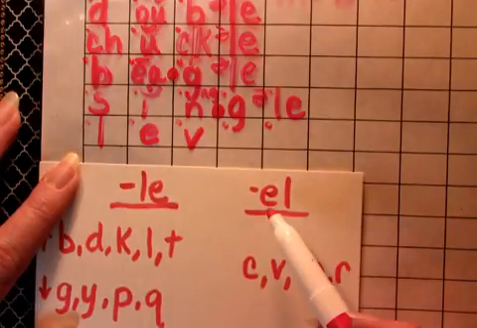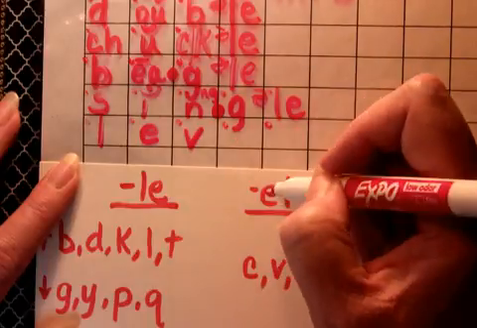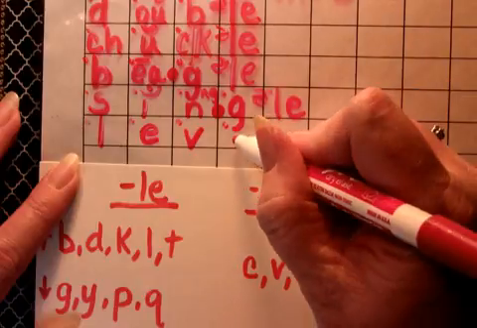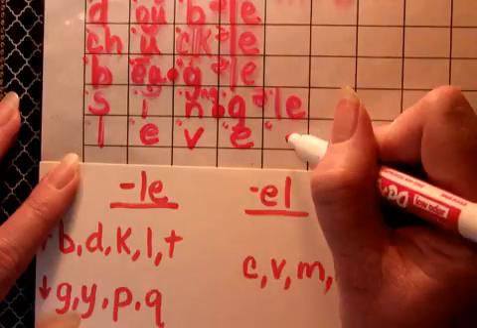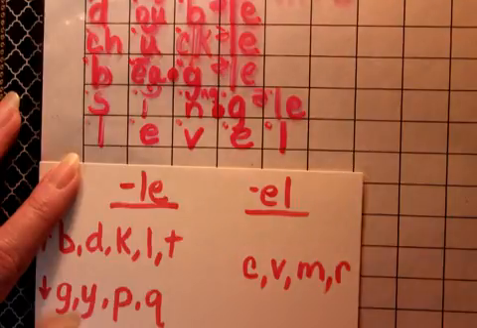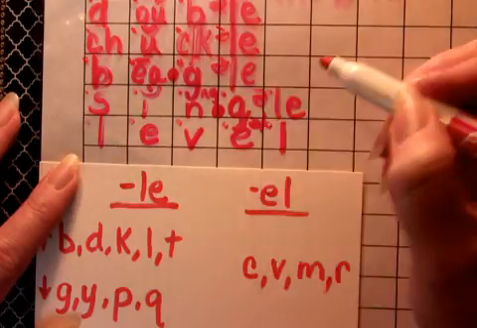L is going to be spelled with an EL. It's its own sound when we map out or put them into boxes. Remember, when we're writing, we write the correct letter, and then we can put what it says up at the top.